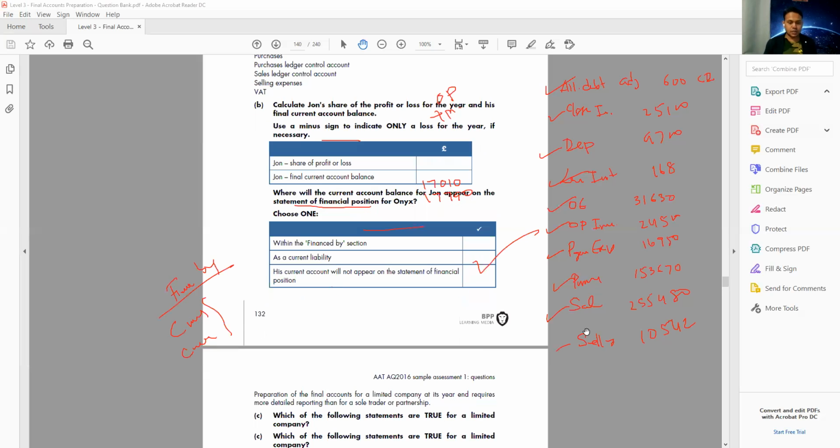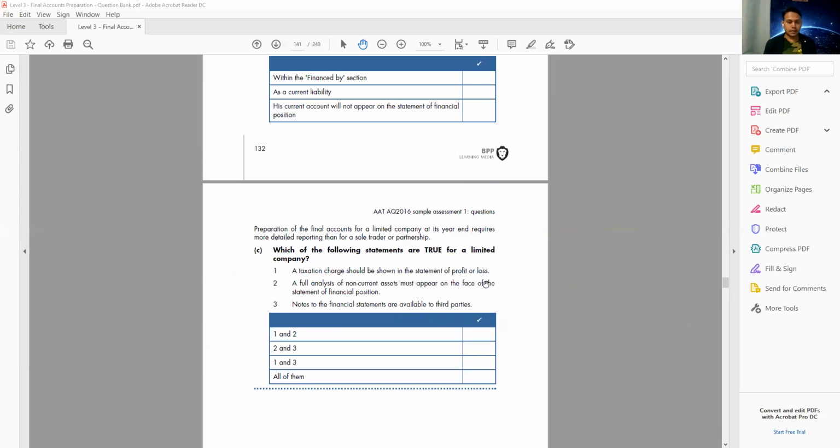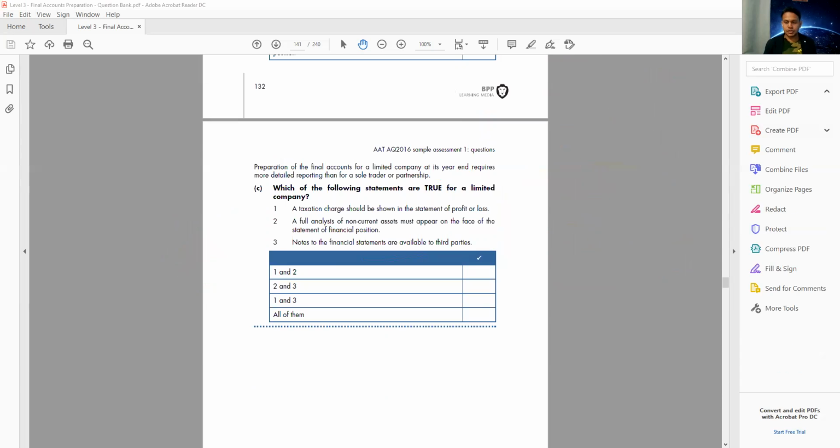All right, let's move on. What is the next one? Let's clear everything. Okay, we can see the next question here. The preparation of the final accounts for a limited company requires more detailed reporting than a sole trader or partnership.